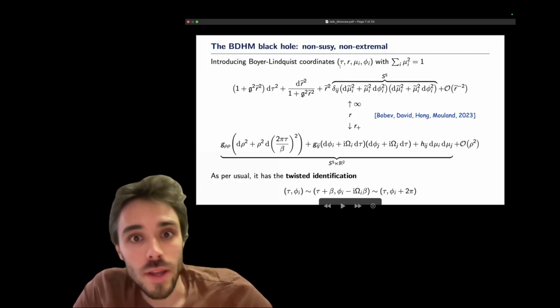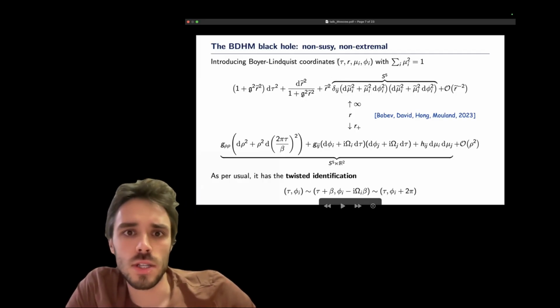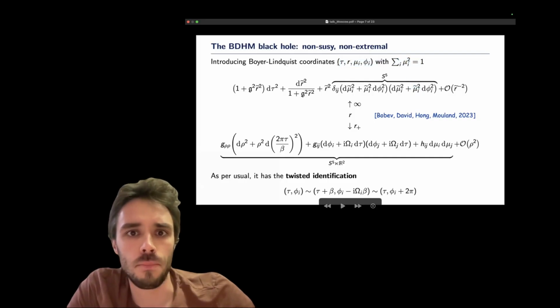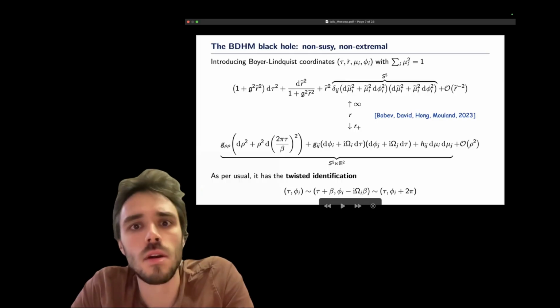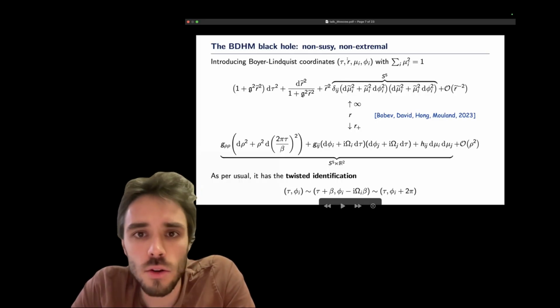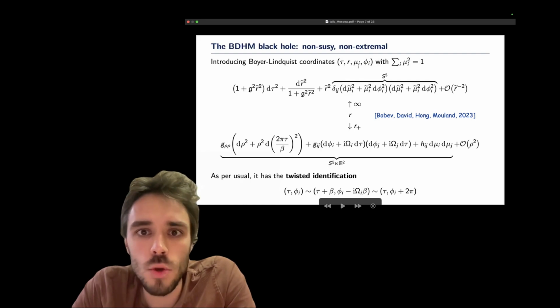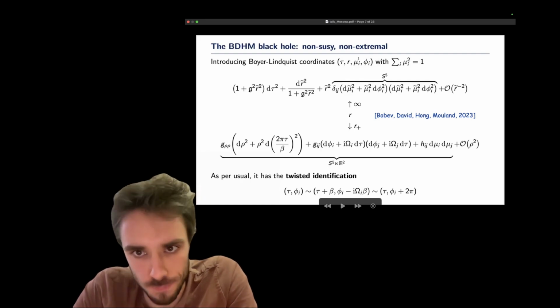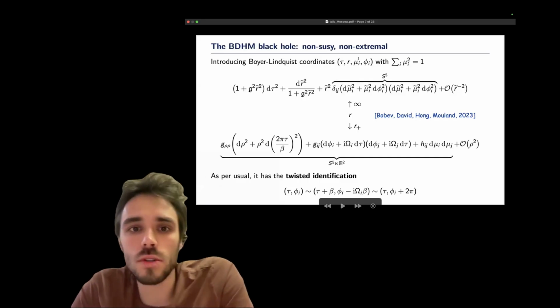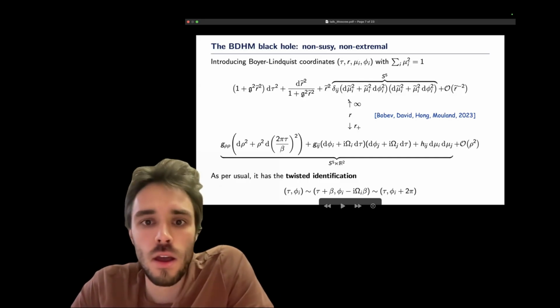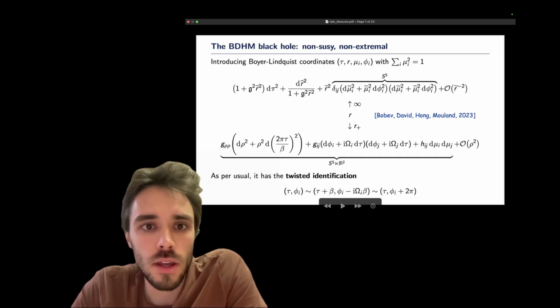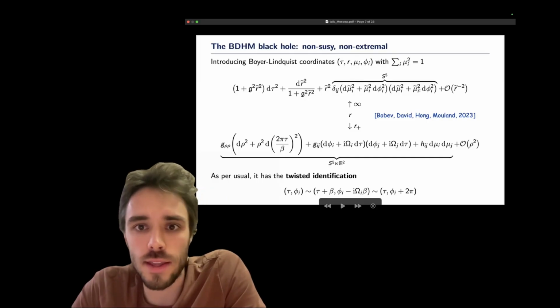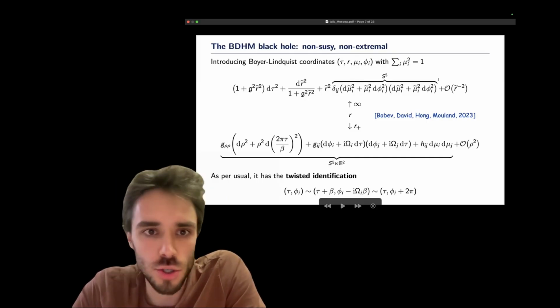What you need to know is that I'm using Boyer-Lindquist coordinates, where tau is time, r is the radial coordinate, the phi's are the 3 U1 angles, and the mu's are essentially polar angles. And the black hole looks like this. At infinity, it looks like empty AdS, with, of course, corrections.